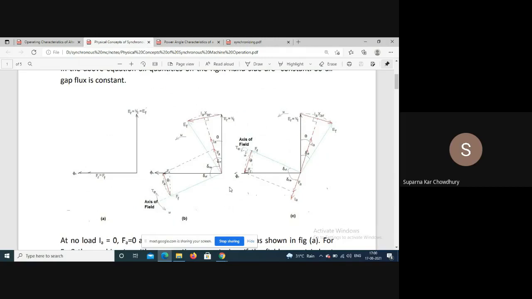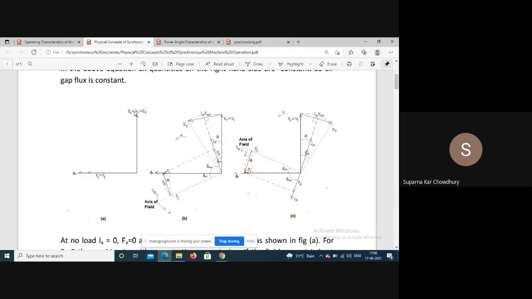Say first consider a generator action. Say we increase the prime mover input, that is, the prime mover power input has increased. Now the field is on the rotor, so as the prime mover power input increases, the field will go ahead.